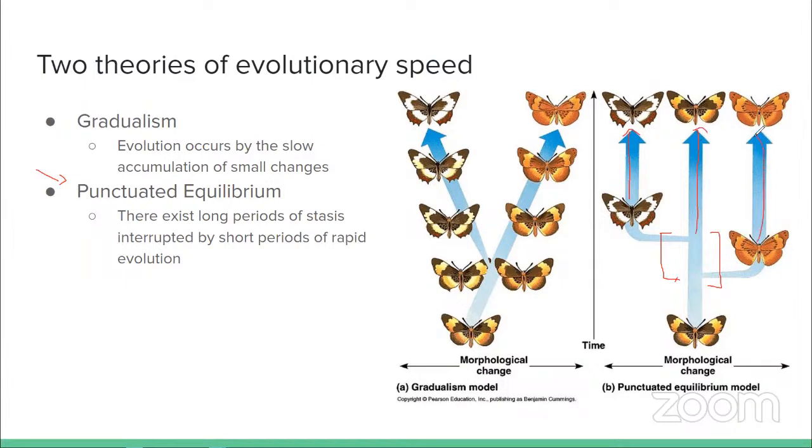Now, the reality is, we don't necessarily have to choose just one of these models, right? We can expect that in certain situations we have more gradual change, in certain situations maybe some punctuated equilibrium, and really maybe some combination of both, right? Gradualism happening with occasional bursts. But these are common terms that you'll see when people talk about evolution, this idea of gradualism versus punctuated equilibrium.